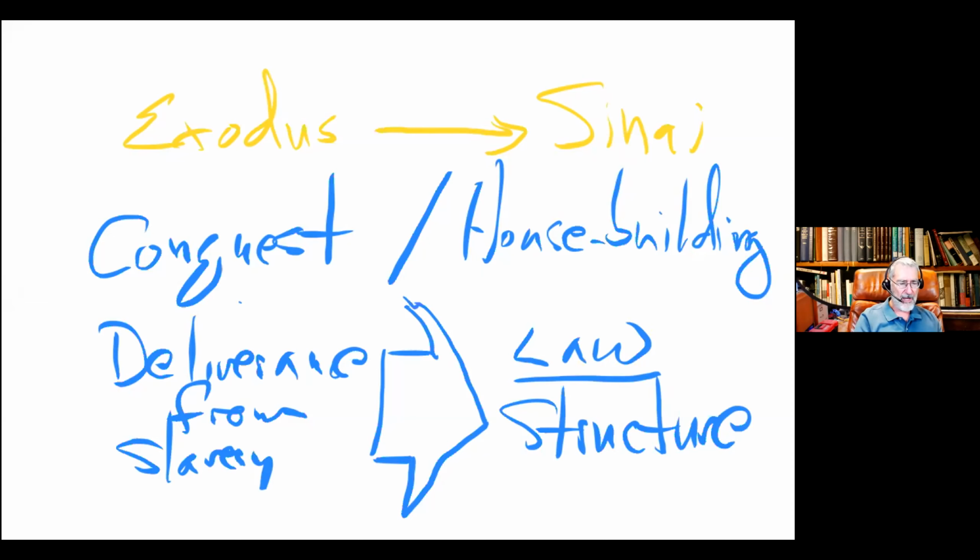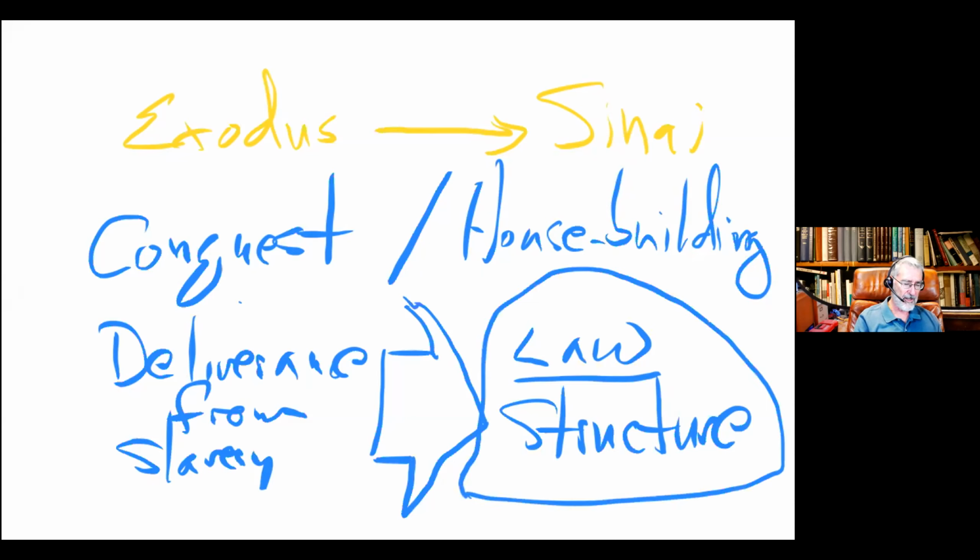Now, when we think about this structure, which is the law, I think it's important to remember that the structure is not the salvation. The structure is a place for saved people to live out their free lives.